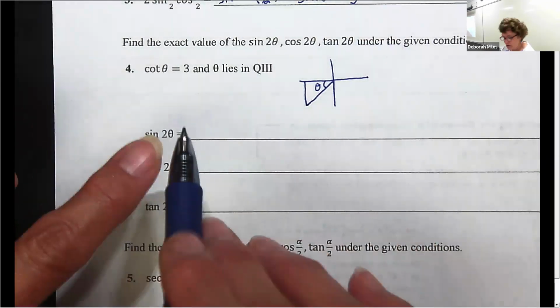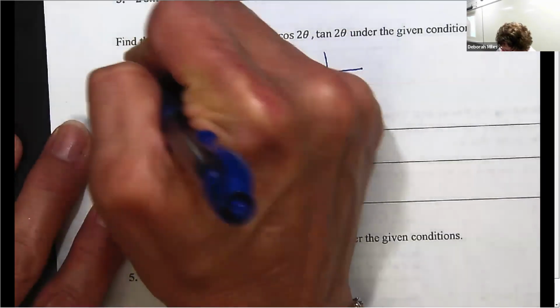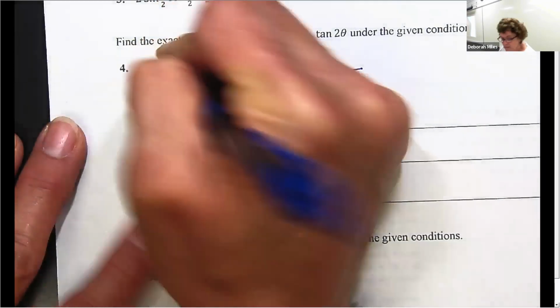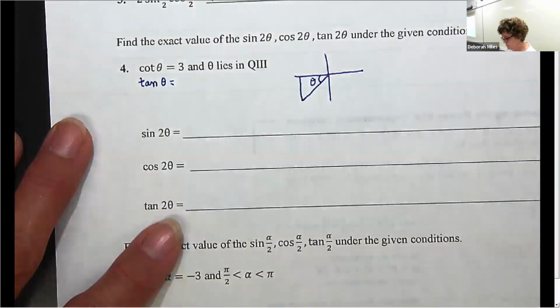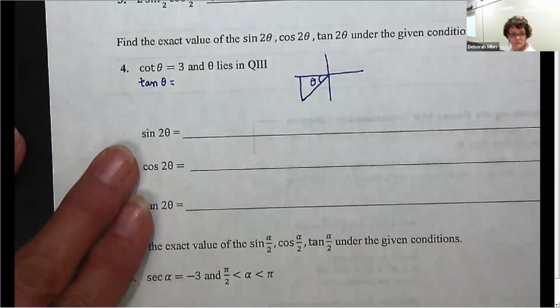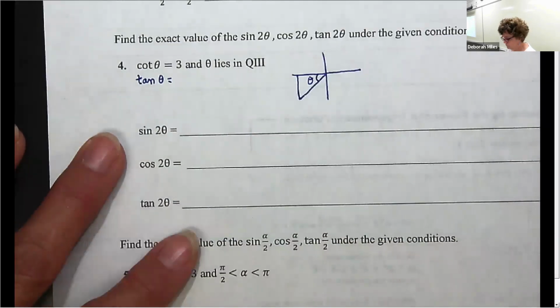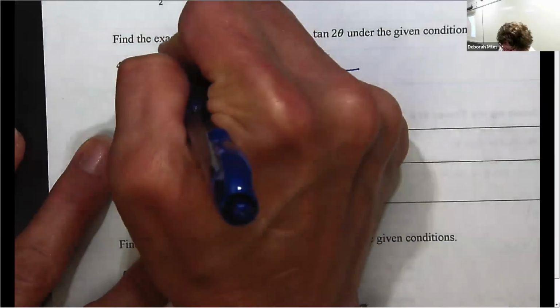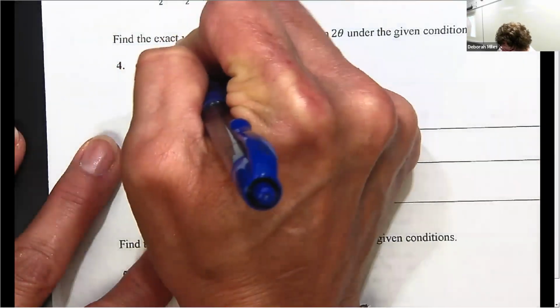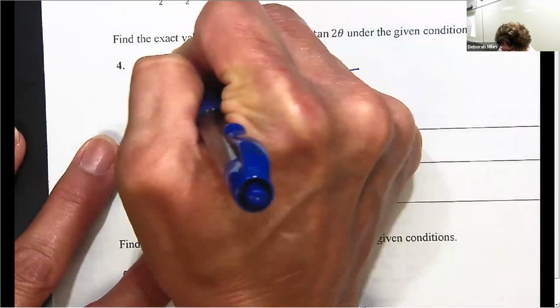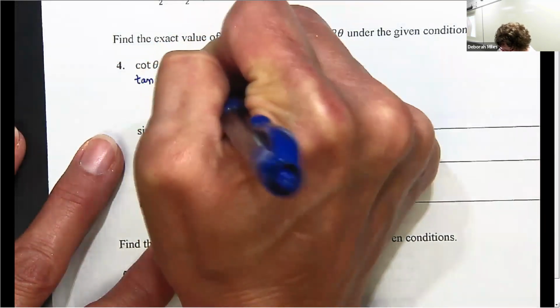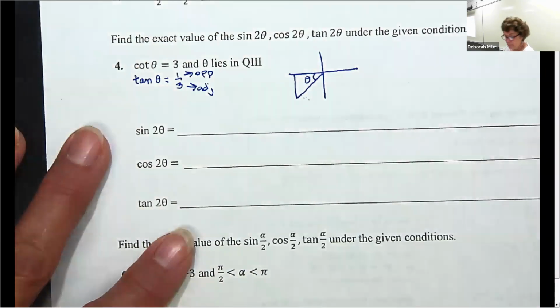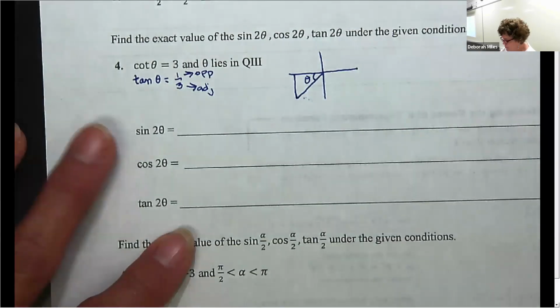If its cotangent is 3, what does that mean tangent theta is? One-third. Yeah, if cotangent's 3, then tangent's 1/3, and tangent is opposite over adjacent. So that's how, excuse me, how I need to label my triangle.